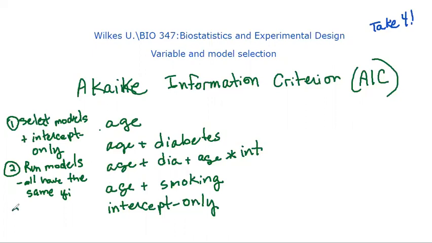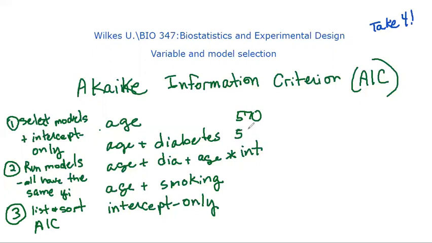Then, three, you want to list and sort your AIC values. Let's say our AIC values, I'm really going to make these numbers up. I have no idea. So what do we know though? We know that the smaller is better.